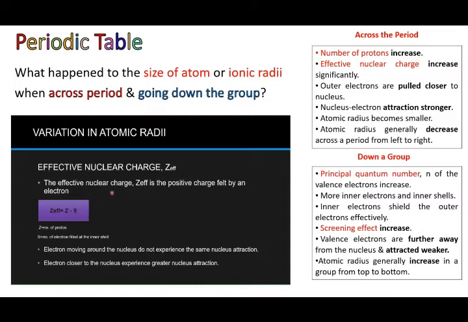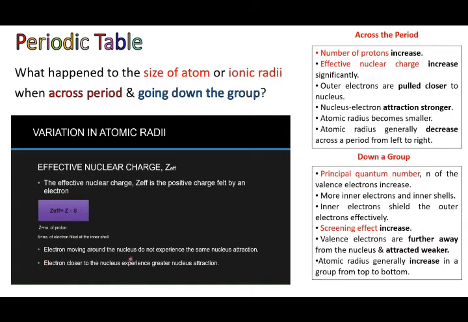The effective nuclear charge Zeff is the positive charge felt by an electron. Okay, so here is the formula. Zeff is equal to Z minus S, where Z is the number of protons and S is the number of electrons filled at the inner shell.